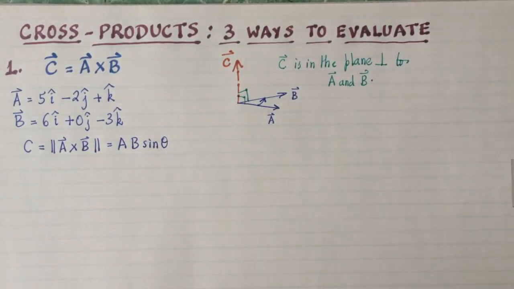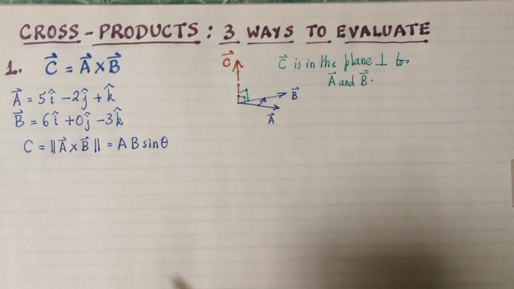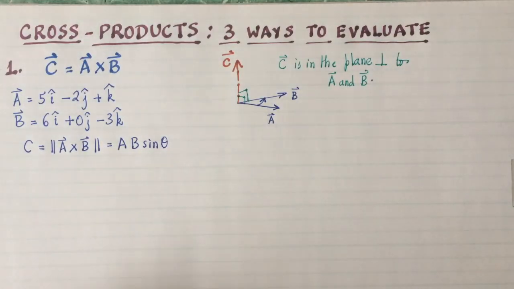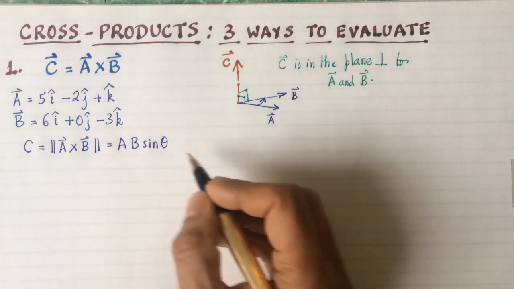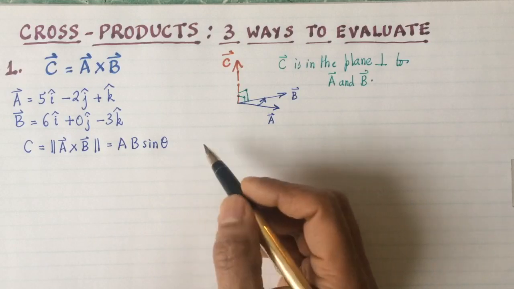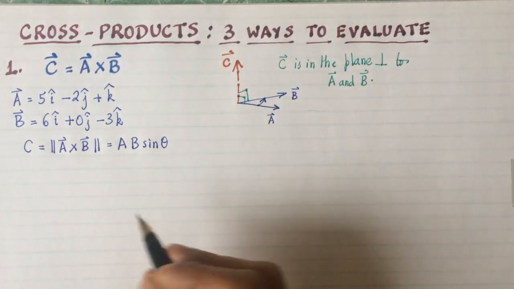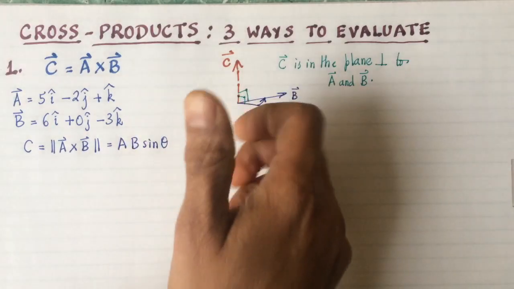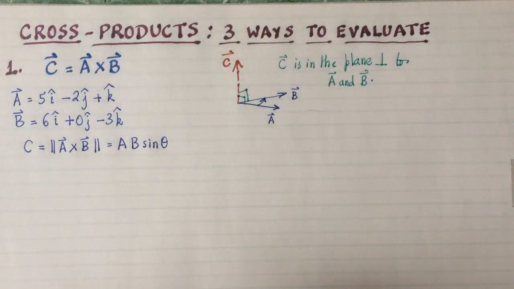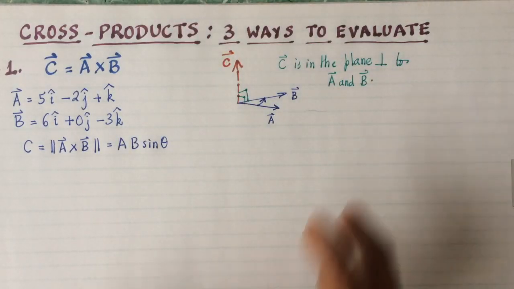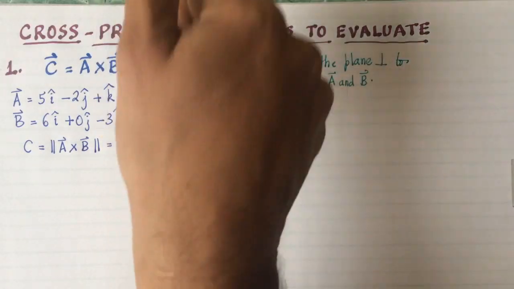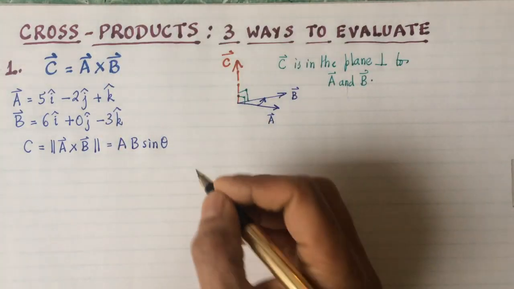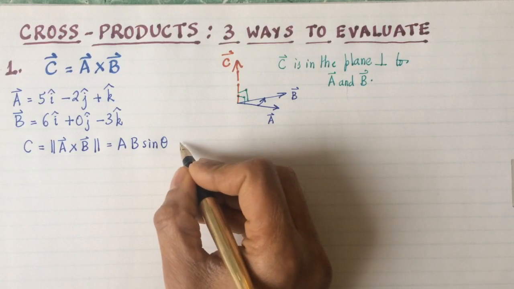This is the definition of cross product I introduced in a previous video to do with Newton's second law of rotation. You can actually use this definition to evaluate not the direction but the magnitude. The direction is always going to be given by your thumb, and that is all you can really say. But the magnitude you can evaluate.